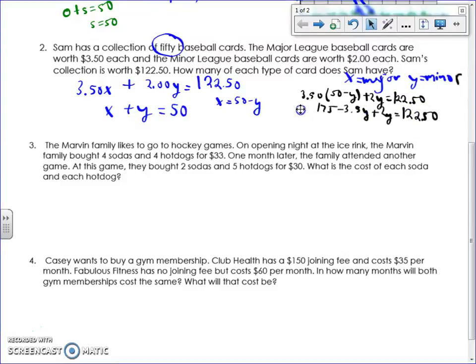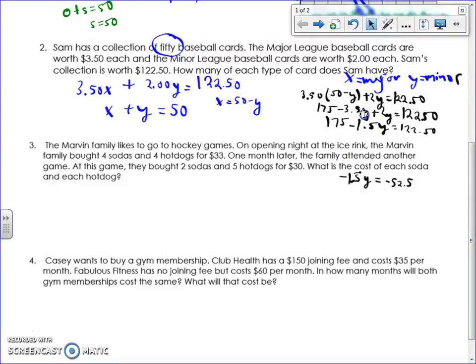I'm going to combine like terms. So I get 175 minus 1.5y equals 122.50. Subtract 175 from both sides here, and I would get negative 1.5y equals negative 52.5.